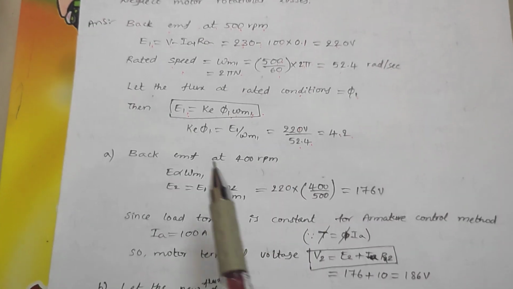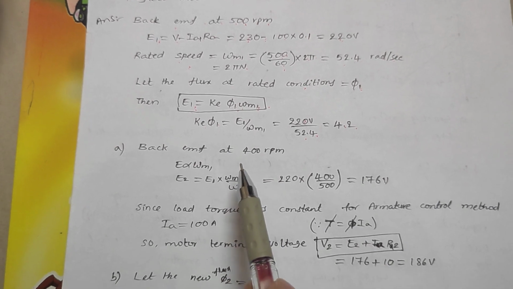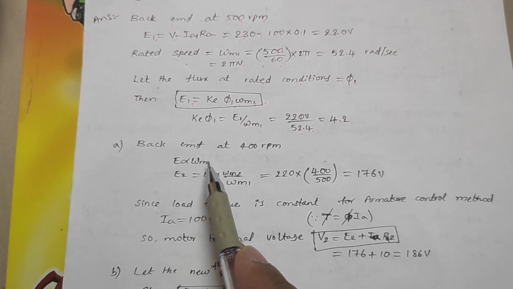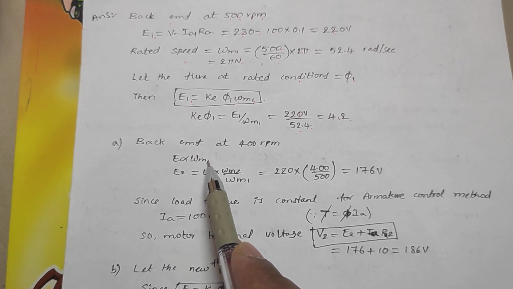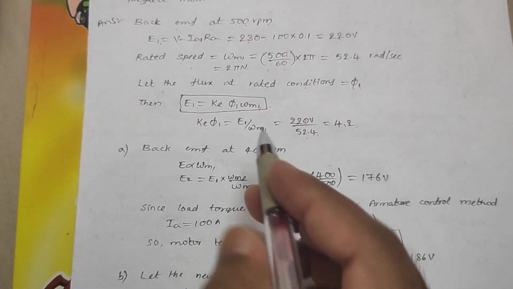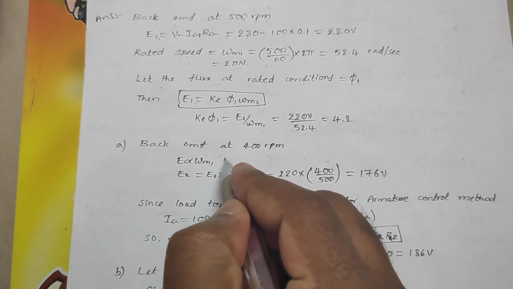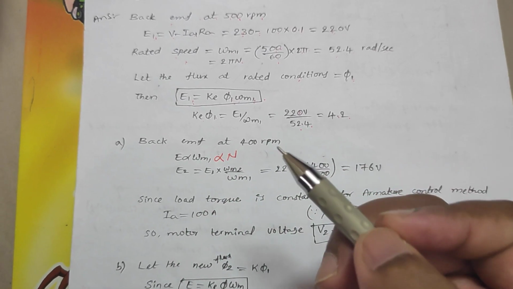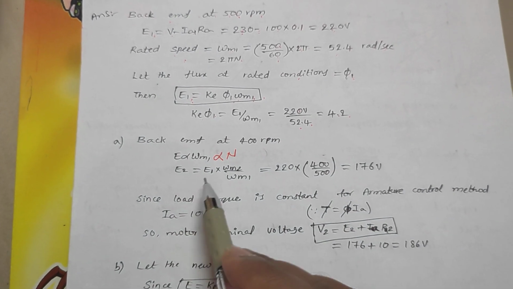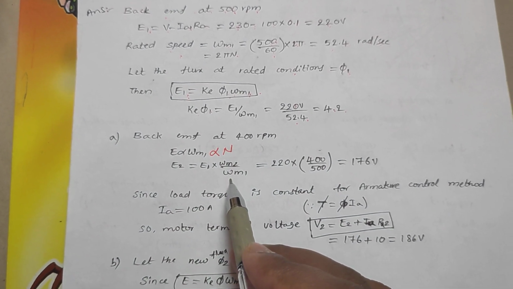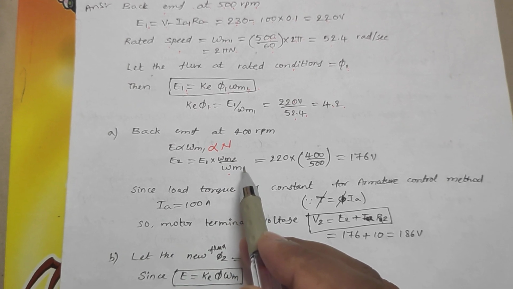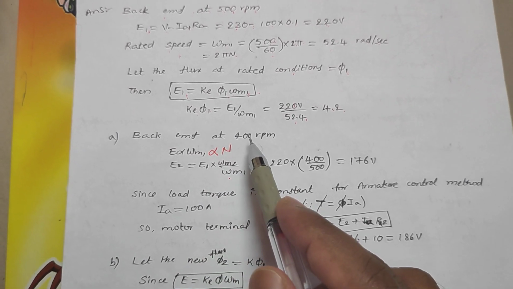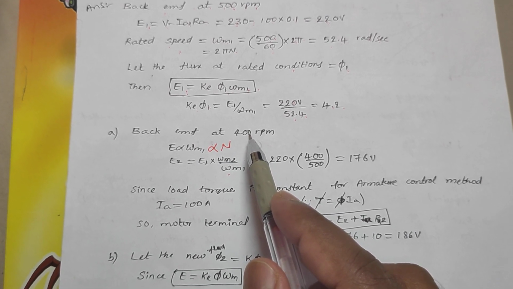To calculate that, E is directly proportional to omega m, or to N in rpm. So E2 by E1 is equal to omega m2 by omega m1, or N2 by N1. By using this equation, you can calculate the back EMF with respect to the 400 rpm.